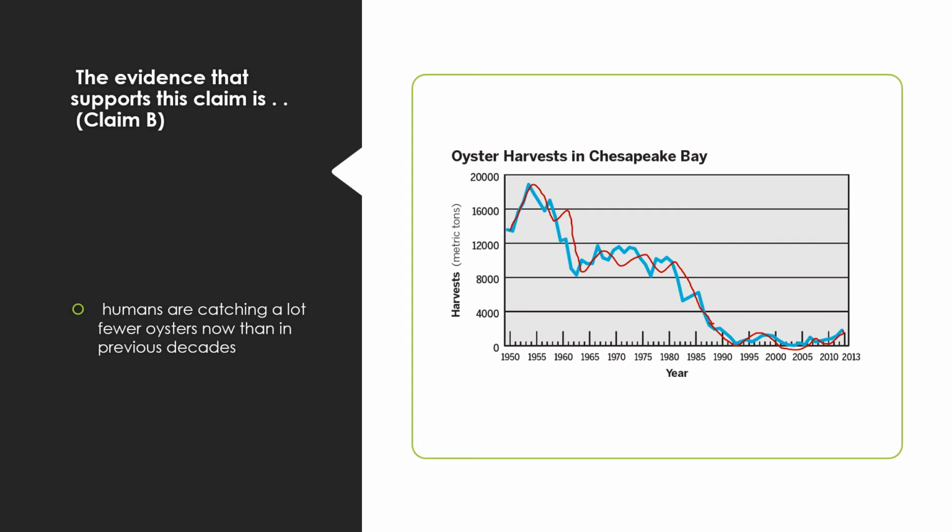So maybe we don't really impact oyster population because we don't catch more, we start catching less. So obviously the harvest is not increasing, meaning that we do not impact oyster numbers.